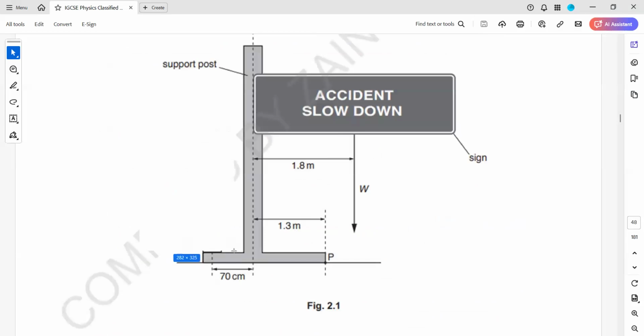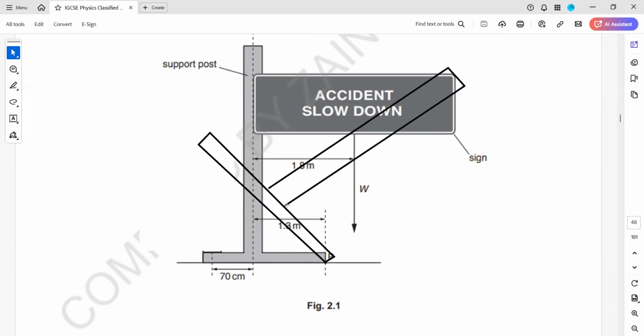When we remove this weight, what will be the new position of this sign? As it starts to topple, this will be the new position.